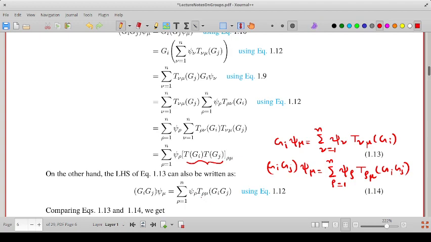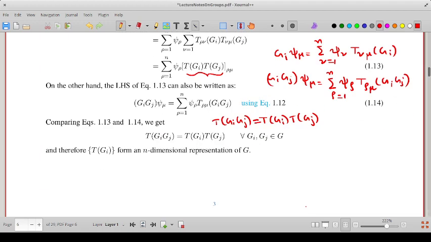So that means this matrix is exactly the same as this matrix, or in other words, T(GiGj) is equal to T(Gi) times T(Gj). And in fact, this is what we were looking for.